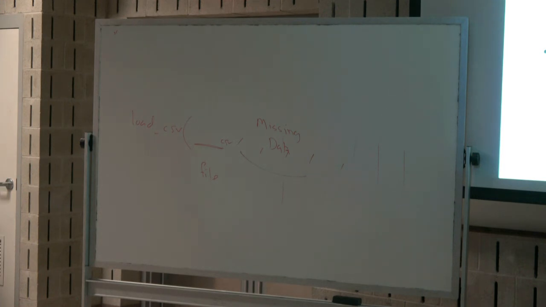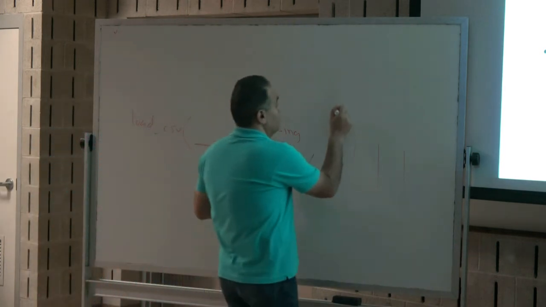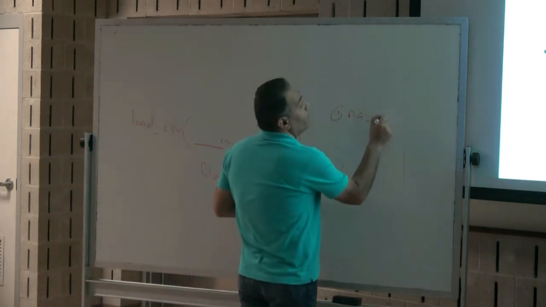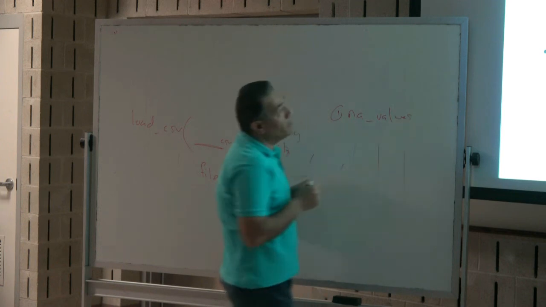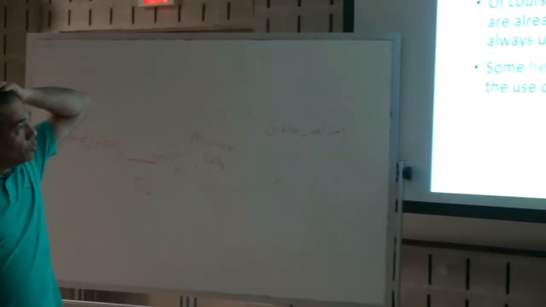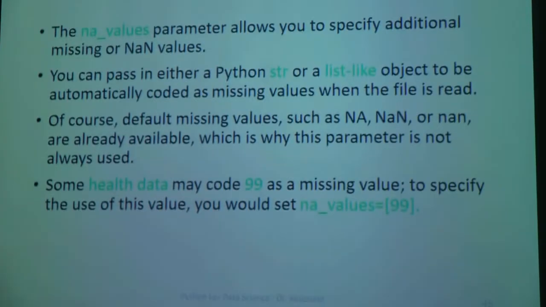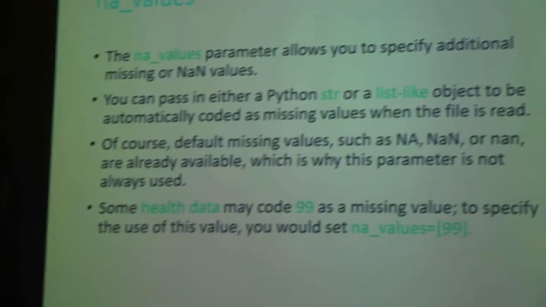Okay? Clear? What are these values? The first one is NA_values. The parameter allows you to specify additional missing or NaN values. So what does it mean by additional?